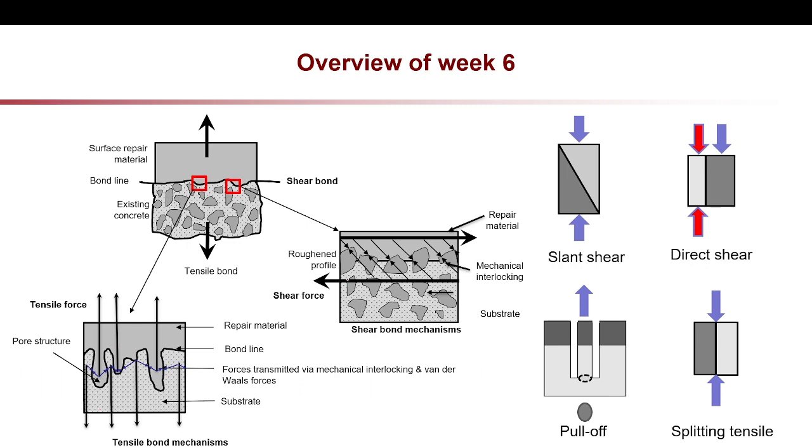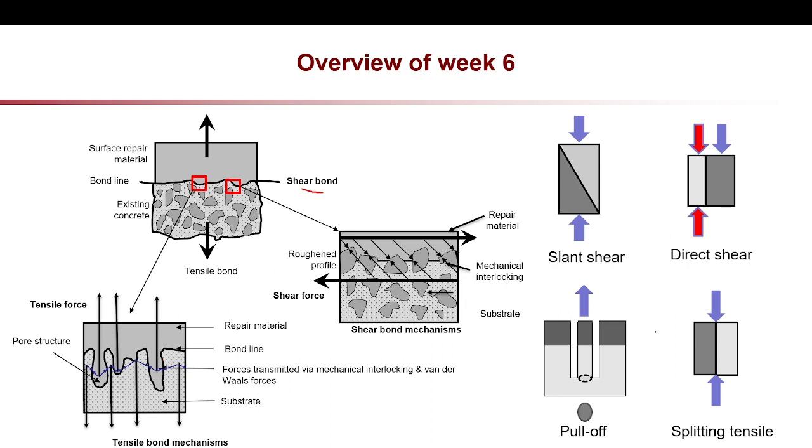To make the shear bond stronger, we make the surface rougher. If we have a rough surface, there will be mechanical interlocking between these two materials, which avoids failure due to shear bond. These are the two types of surface preparation mechanisms.